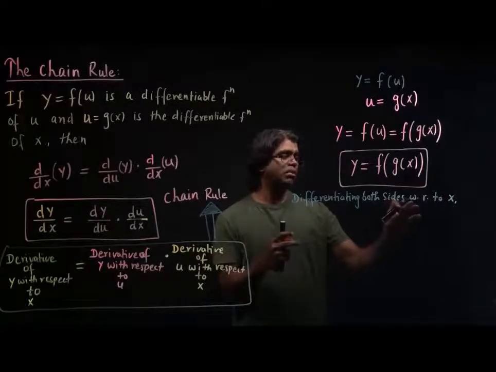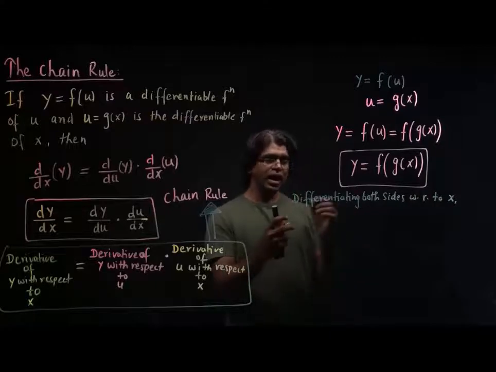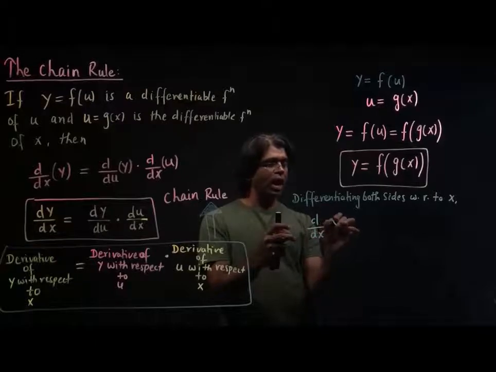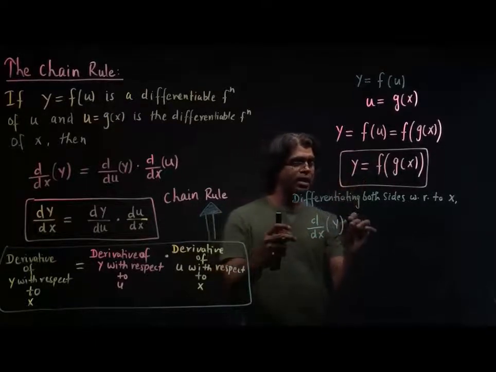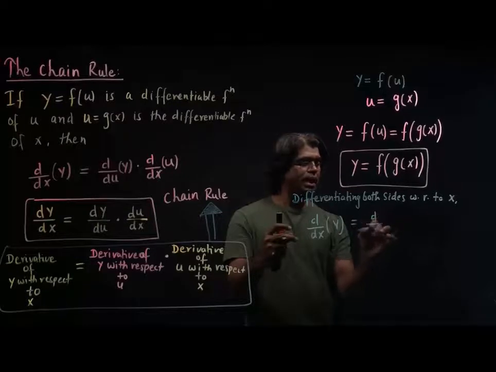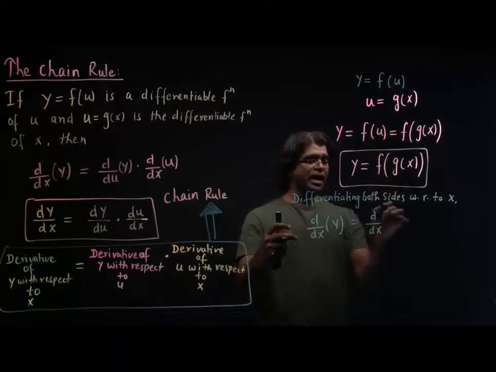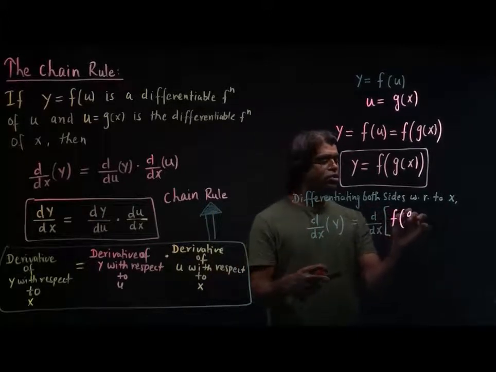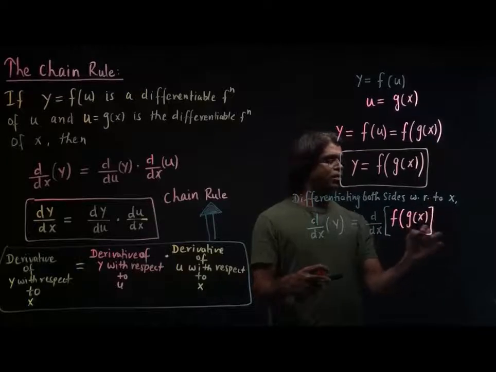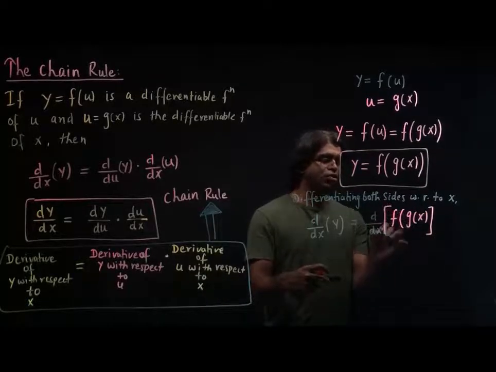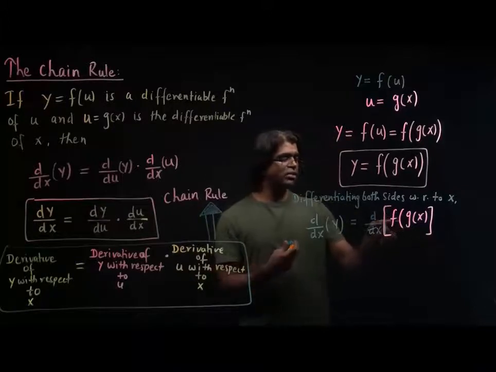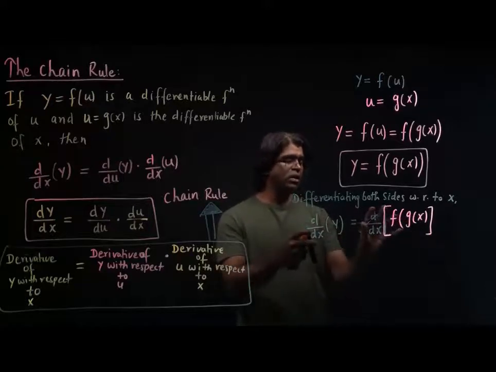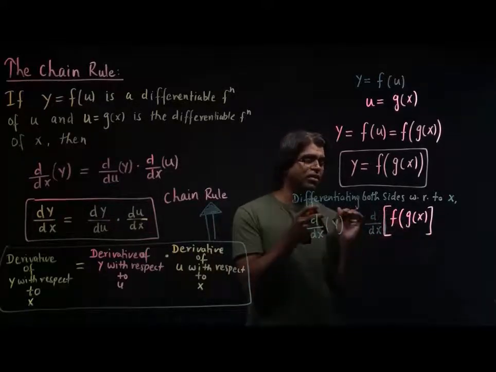If we do that, we will write d by dx of y, which is my one side, that is equal to d by dx of f of g of x, which is my other side. As you can see, to differentiate this function, I will separate f and g of x and then differentiate.